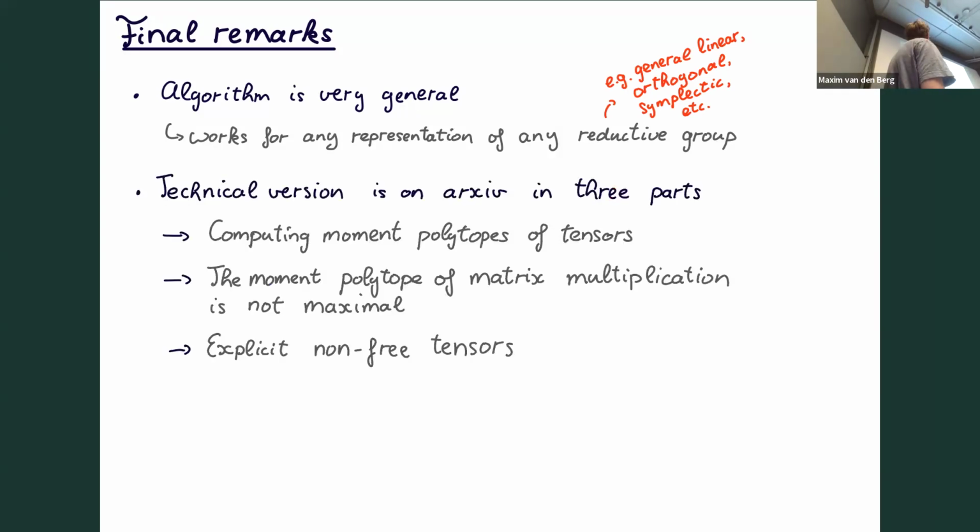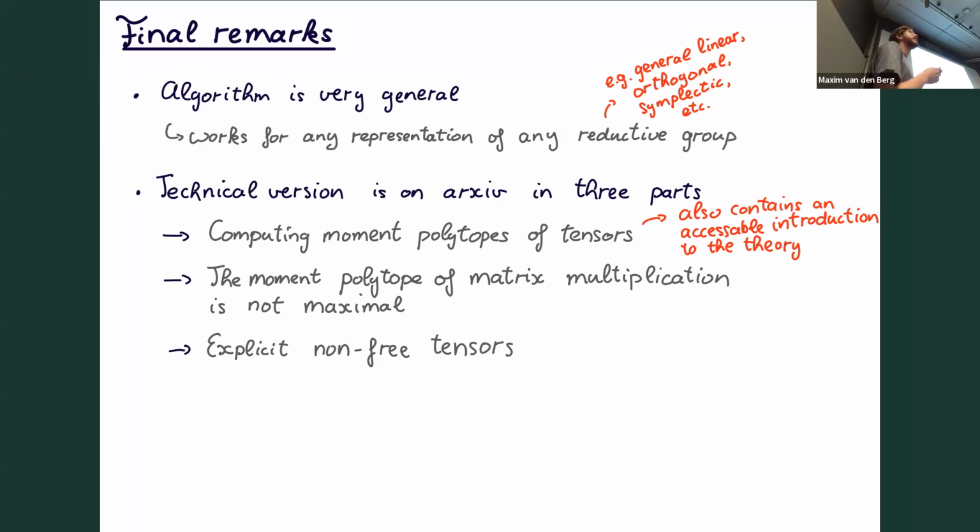Okay, and I want to say that the technical version of this paper will be on arXiv in 3 parts. So we have this paper about computing moment polytopes, which is not on arXiv yet, hopefully soon. These are the 2 applications that I mentioned: the matrix multiplication one, and the one about these non-free tensors. And I also wanted to say that this paper will give an accessible introduction to the theory.